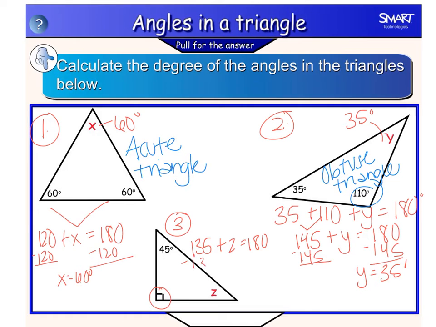If we take away 135 on each side, we come up with an answer that says z is equal to 45 degrees. If asked to name this triangle, we would call this one a right triangle. The reason we would call it a right triangle is because it has one 90-degree angle.